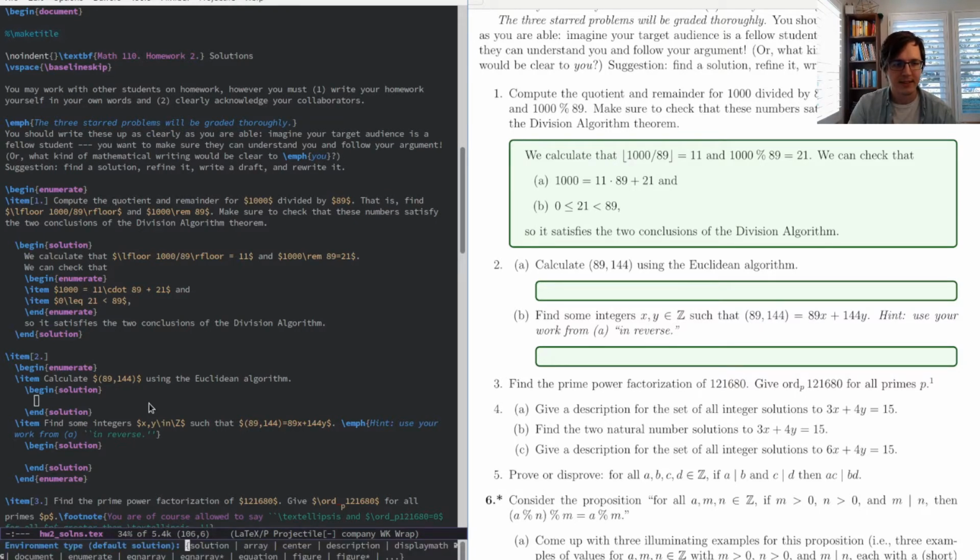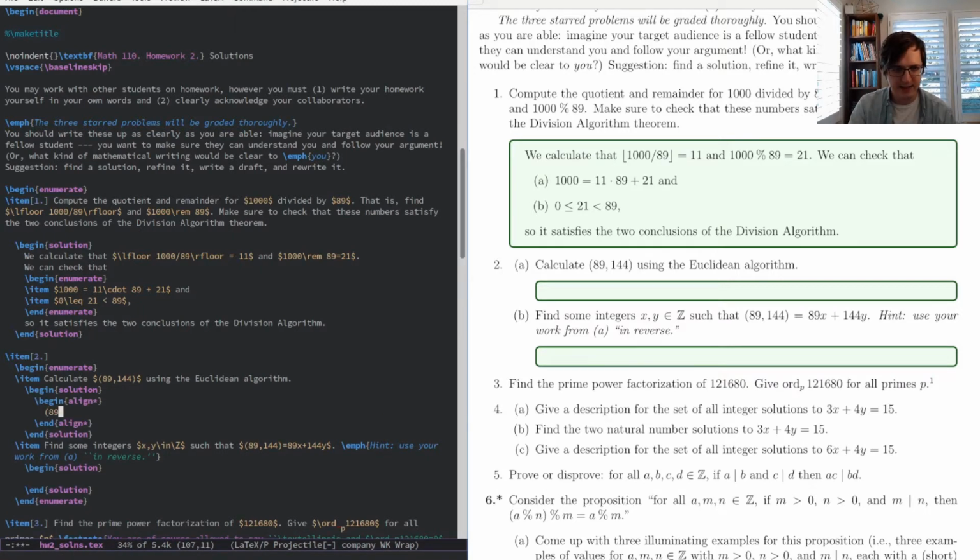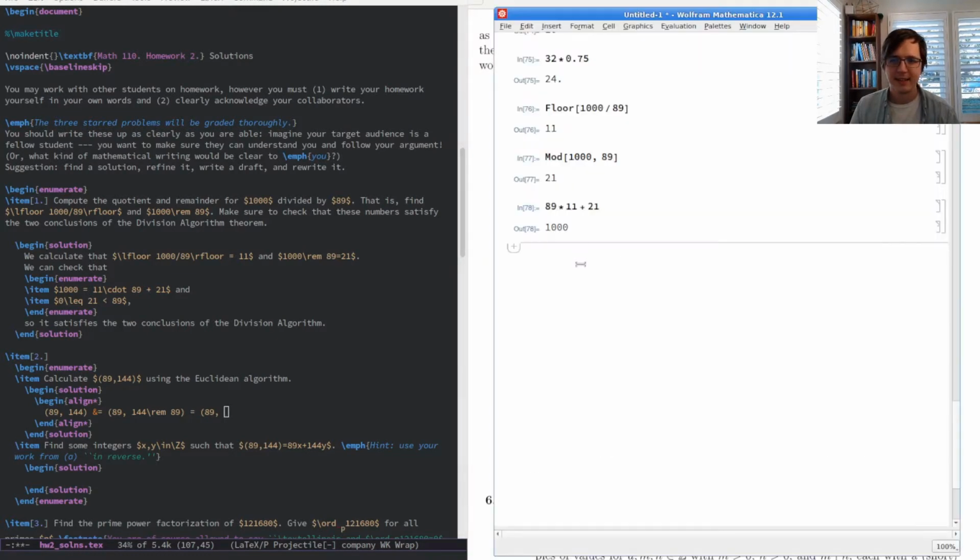I'll do this with an align environment, and we have GCD of 89, 144 is GCD of 89, 144 remainder 89, because you can always take either of the arguments of a GCD and take its remainder with respect to the other one.